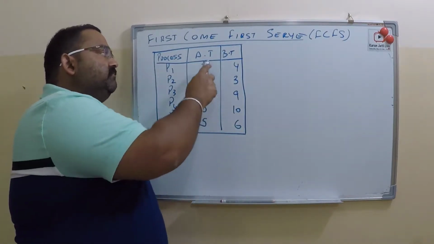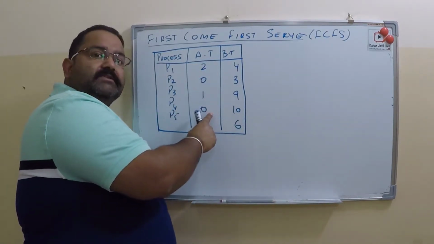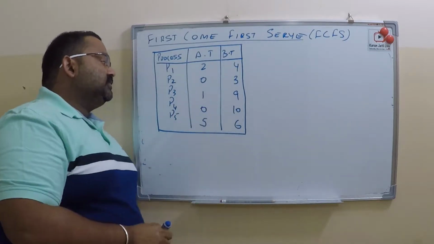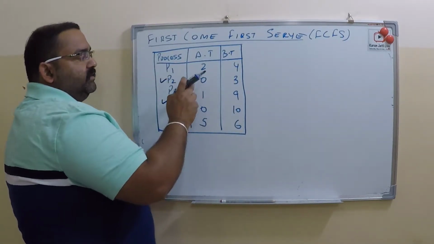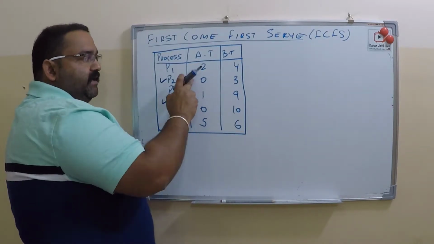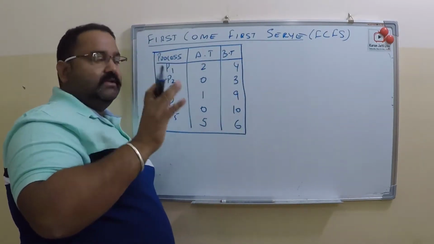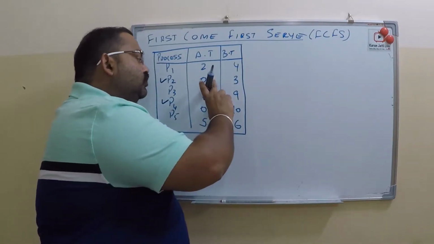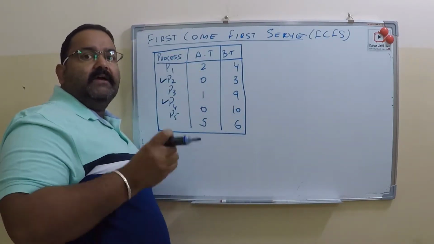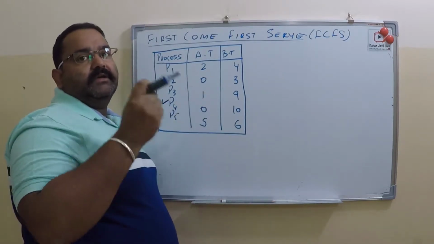Arrival time 0. If you see, processes P2 and P4 arrived at the same time, and they both arrived before all the other processes. Now two different processes have the same arrival time.